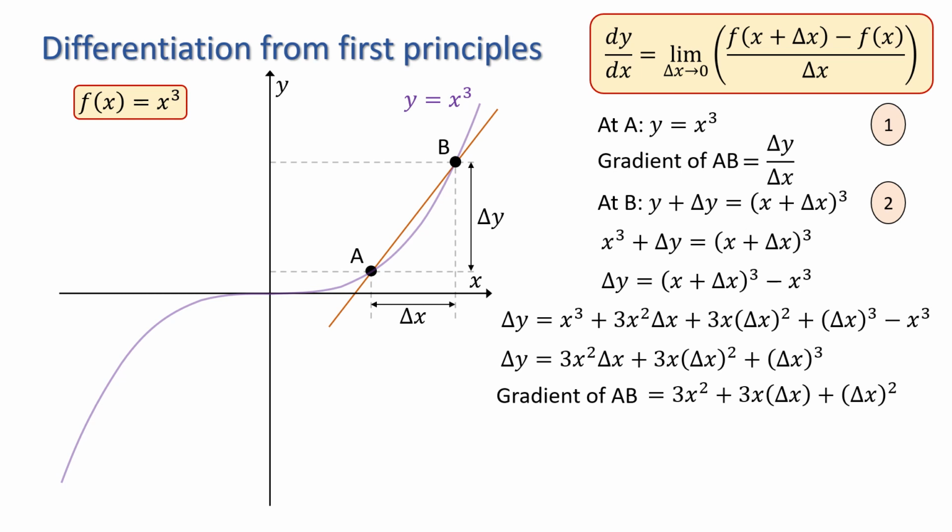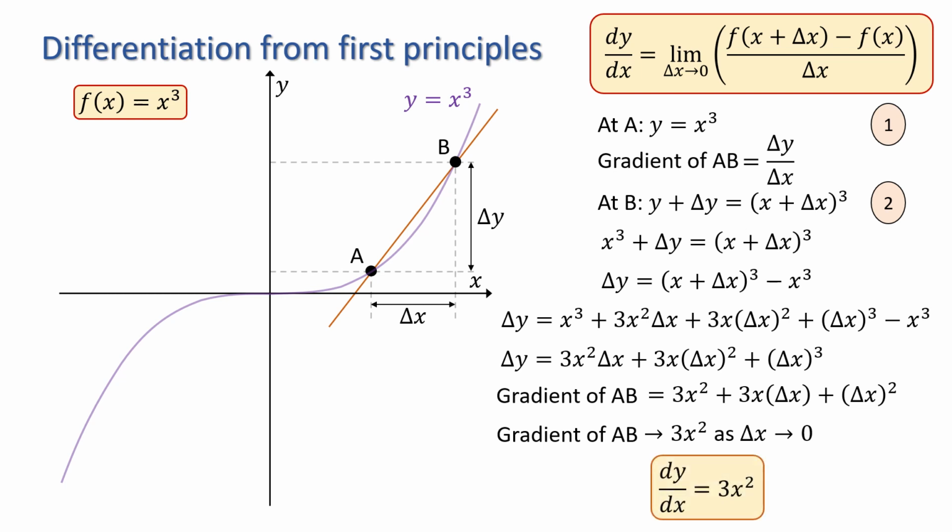Finally, we need to consider what happens as B gets closer to A. That is, we let delta x tend to 0. We can see that the gradient of AB tends to 3x² as delta x tends to 0. Thus the differential, or rate of change of y, dy/dx, is 3x².